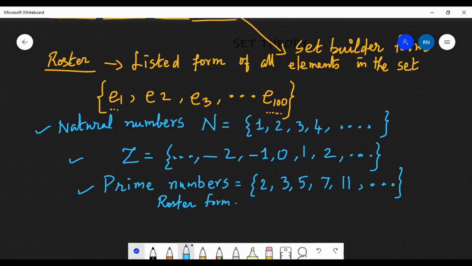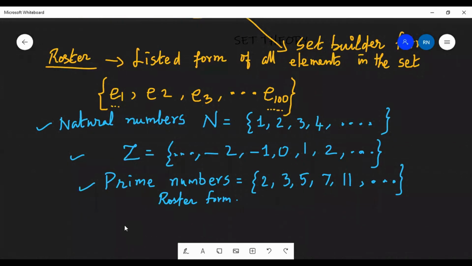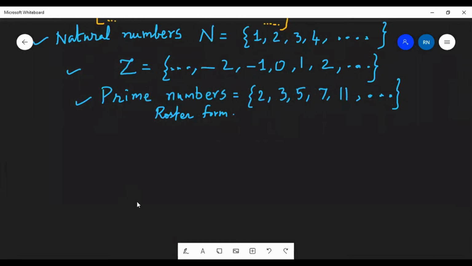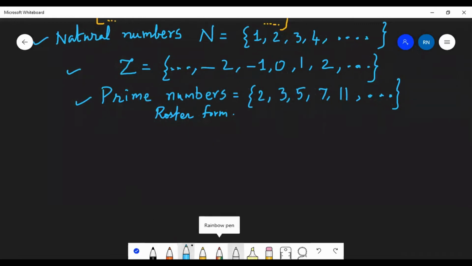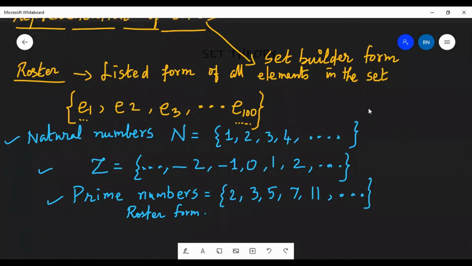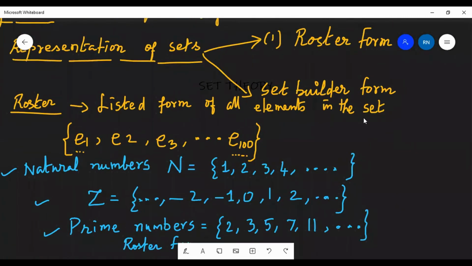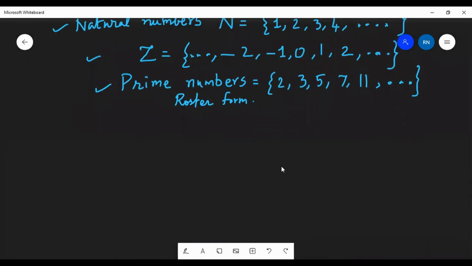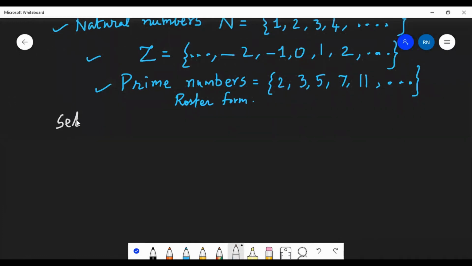Now next, what comes under broad classification? What is another way of representing the set? Set builder form. So we have listed the name set builder form. Let me elaborate more on what is the set builder form.